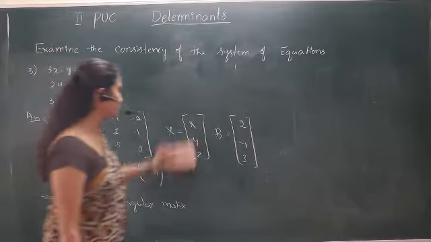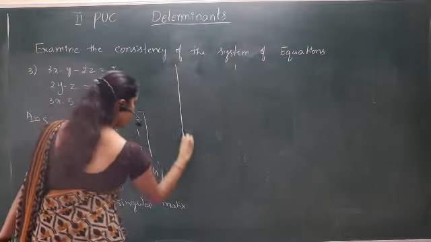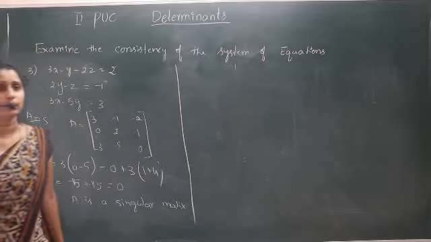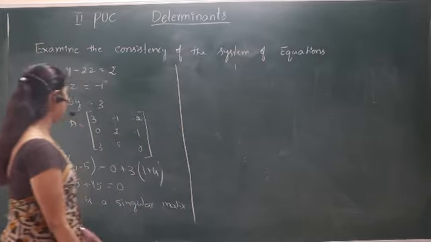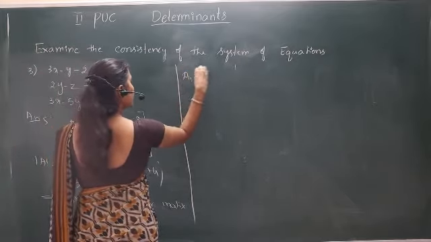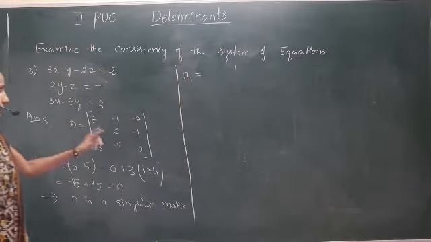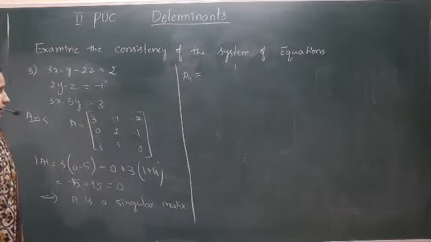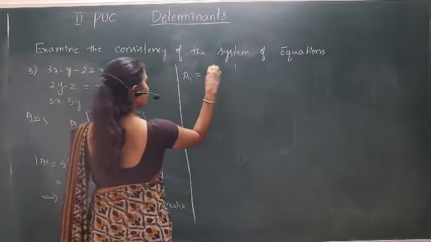We have to calculate the adjoint values. For a 3 by 3 matrix, we have to calculate the element-wise cofactor, then transpose it, and that gives the adjoint matrix. So I have to calculate the cofactor of each element. A11, by deleting its row and column, gives 0 and minus 5, so it will be minus 5.